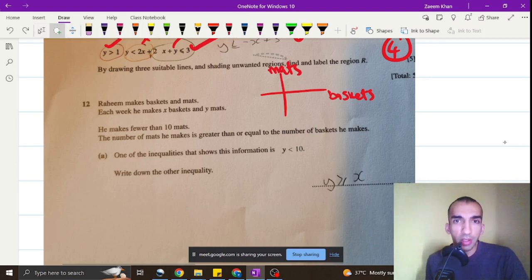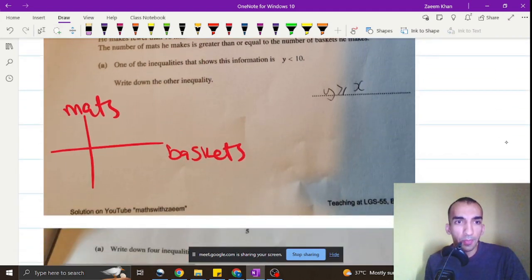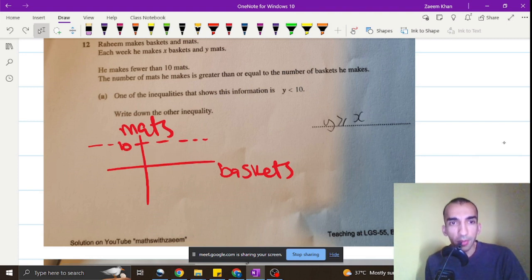What does this essentially show when they say he's making fewer than 10 mats? If there's a value 10 over here, he's staying below this line. Does this make sense? Okay. What else do we have?